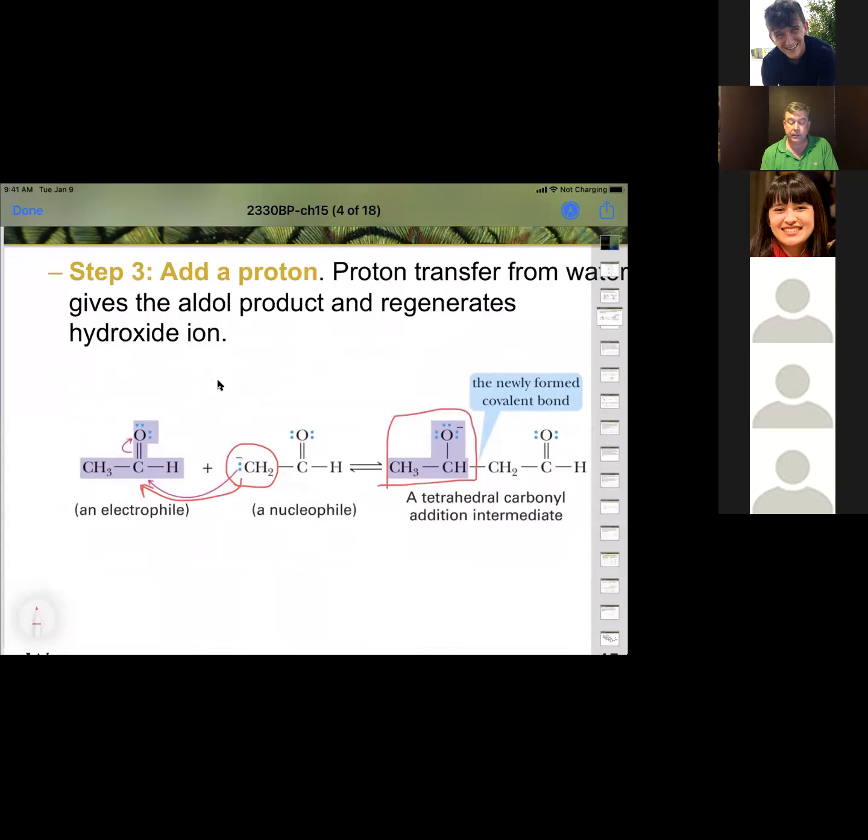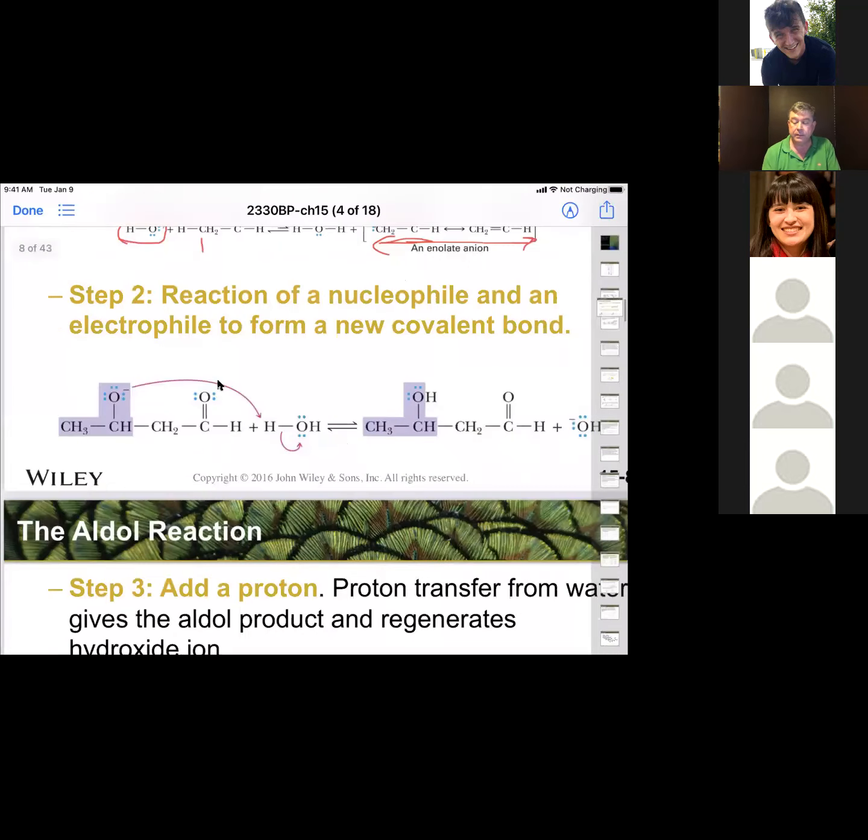Notice that this side of the molecule hasn't changed. It's still the aldehyde right here. Then the next thing that happens is it adds a proton, because this is our deprotonated alcohol, and we end up with our beta hydroxy aldehyde. This is our alpha, this is our beta.